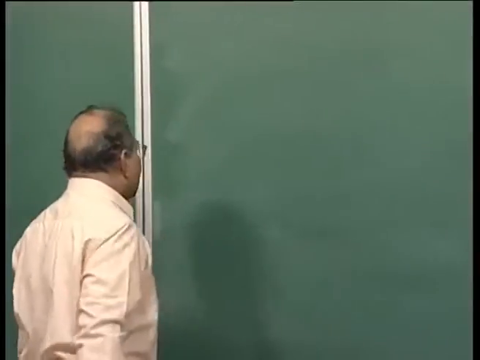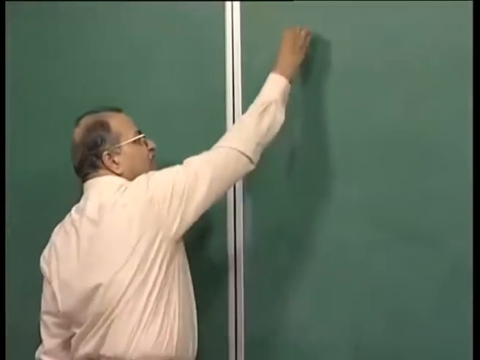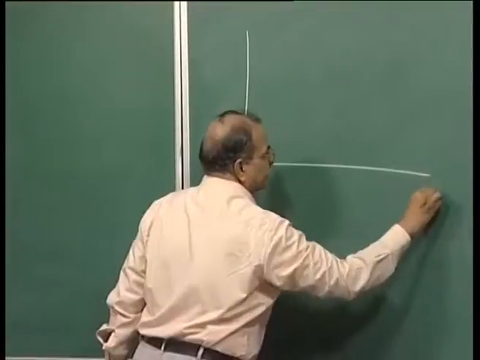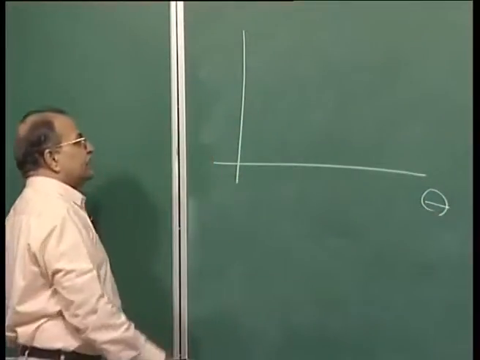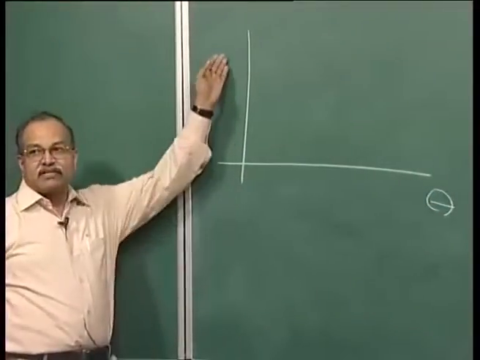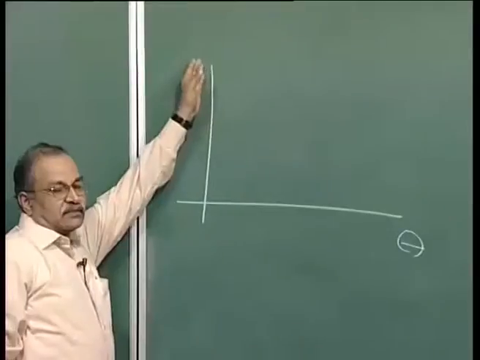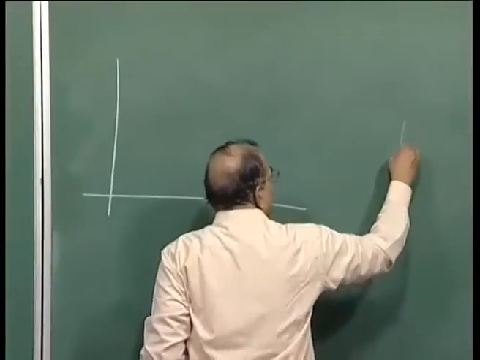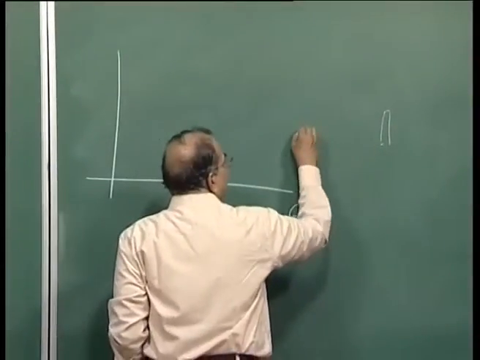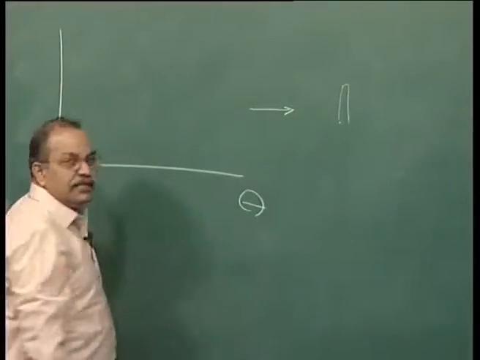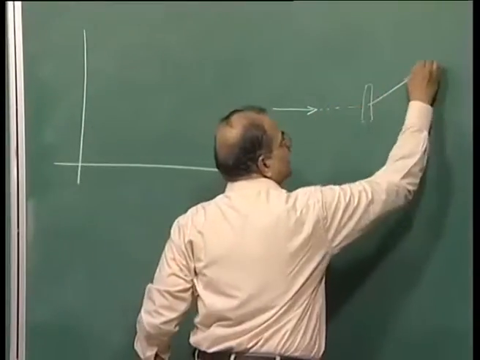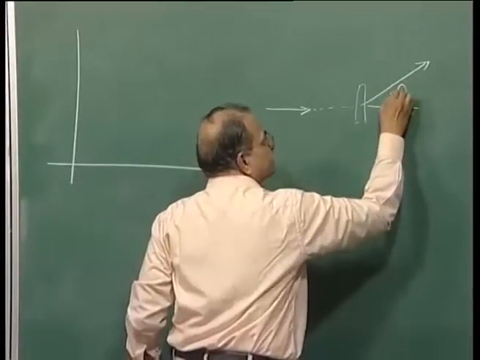Qualitatively, the picture looks like this: you have the y axis and x axis, the angle is theta here, and on this side is the number of electrons found at that particular theta. Here you have some sample, and the electrons initially go in this direction, and after scattering they go in some other direction, and this is theta.